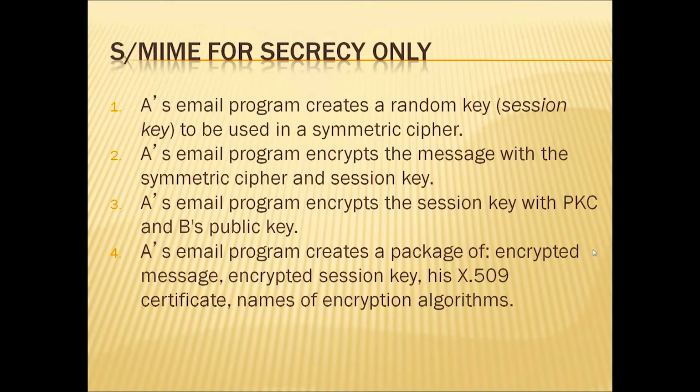Because you see, A's email program will create a package of the encrypted message, encrypted session key, the X.509 certificate, names of the encryption algorithms, etc. I am telling in the first step, A's email program is creating a random session key, and that is symmetric. So, B should also have it.